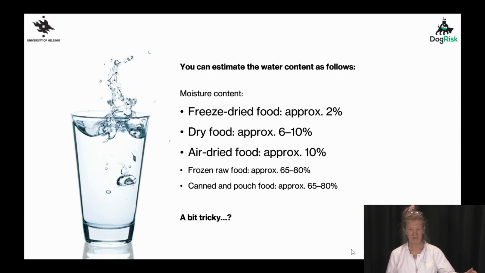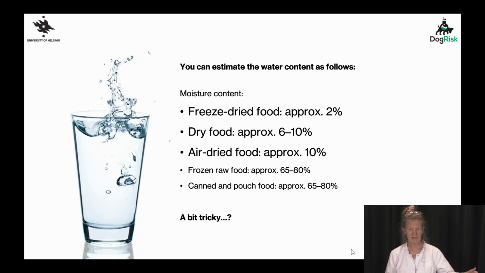When we've done our research, we have come up with these approximate means: freeze-dried food is about 2% usually. Dry foods or most of the dry kibbles are about 6%. Some of them can be a bit more moist, and then they go up to about 10%, even a bit more. Then air-dried dog foods are about 10%, maybe 12%.